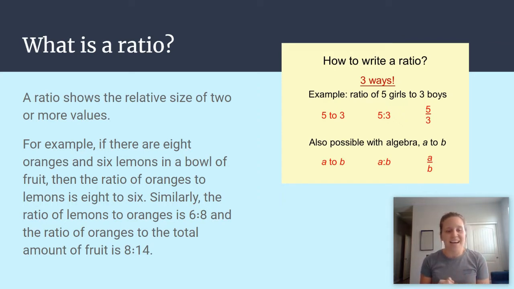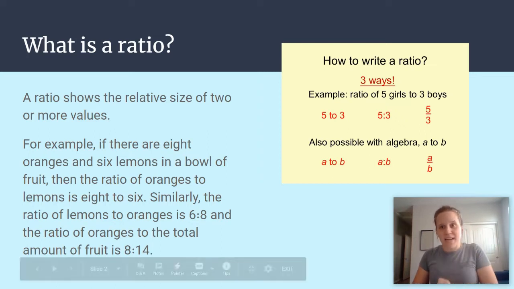But I love your examples. So on your notes, go ahead and write an example. If we were in class, I would hear from your voice. But go ahead and write on your notes one example of a real world ratio. If you'd like, you can use my boys and girls in class example. Awesome. I can't wait to see those.